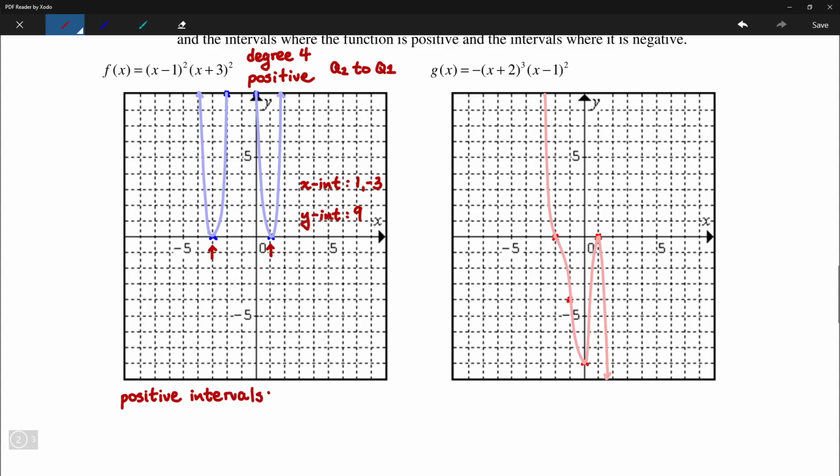So if we are to list the positive intervals, that will be x is an element of the real numbers, except for -3 and +1. Okay, and it has no negative intervals. Notice that the graph is never below the x-axis.